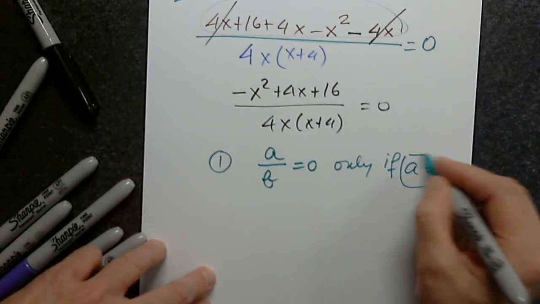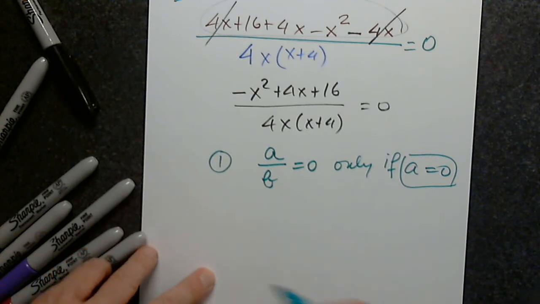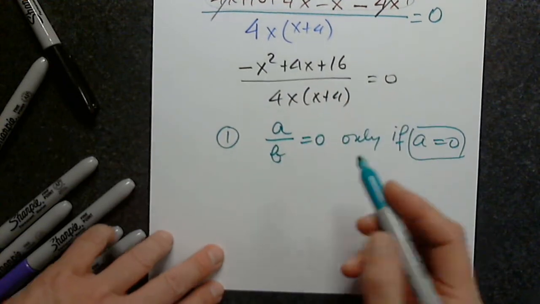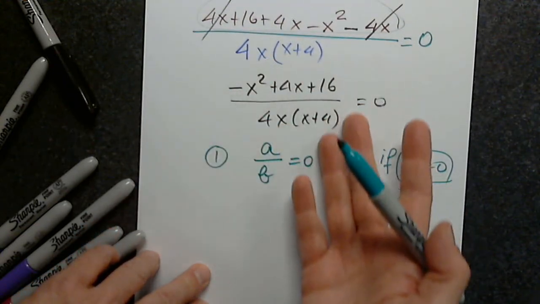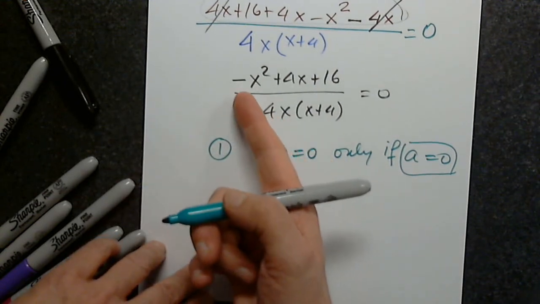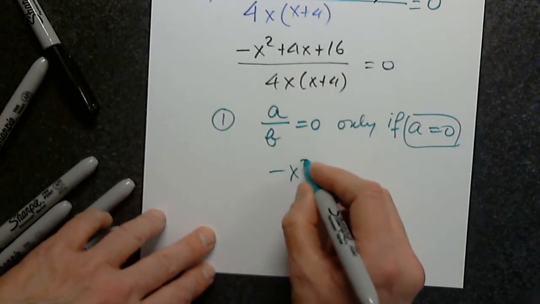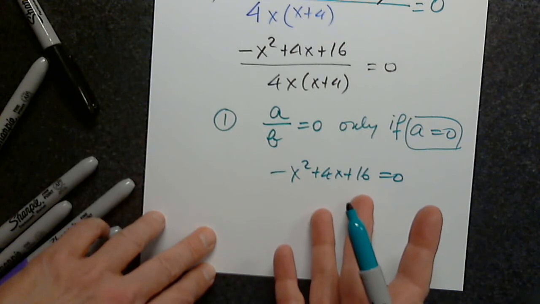Only if a is 0. Do we understand why when b is 0, we are in big trouble? It's not defined. Undefined, excellent. So this is one option. So from here, what is the numerator of this fraction? So -x squared plus 4x plus 16 equals 0. We're going to come back to it in a minute.